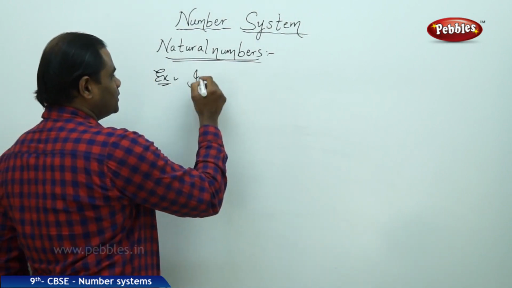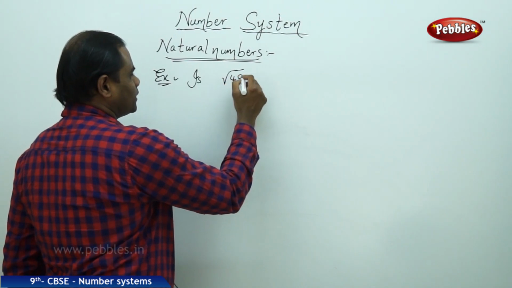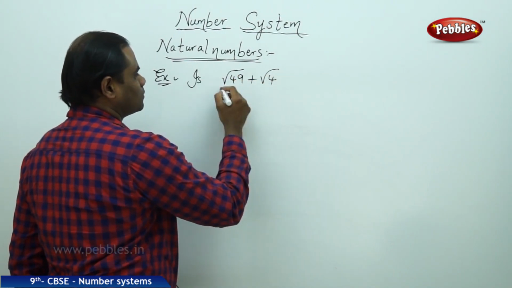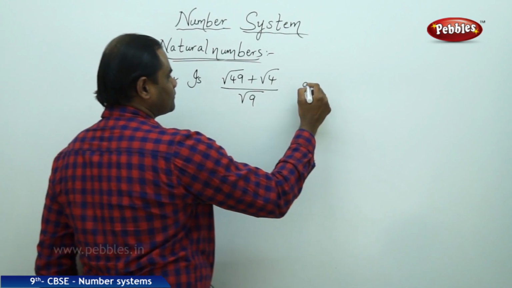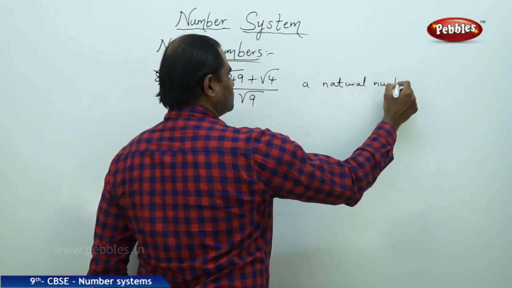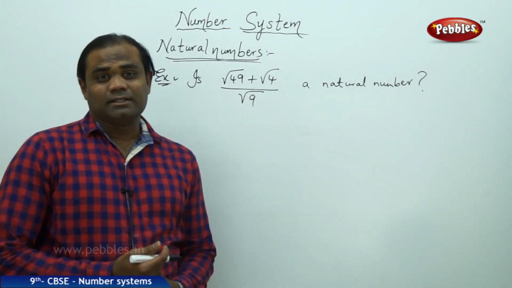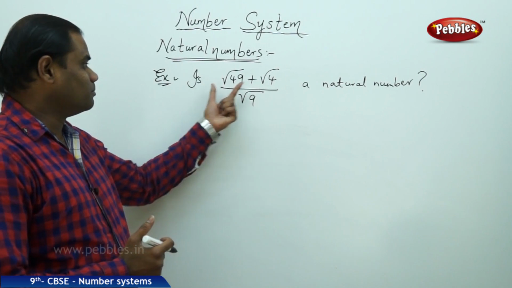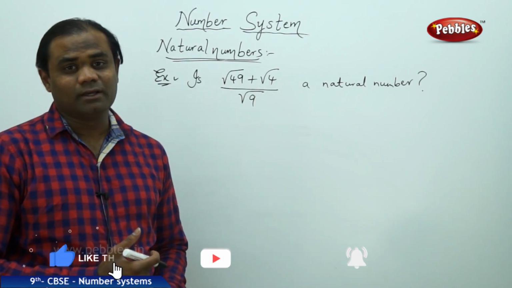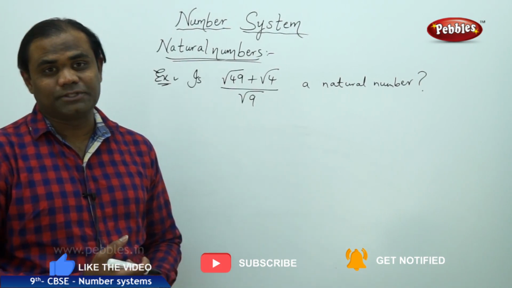Now the question here is: is root 49 plus root 4 by root 9 a natural number? Here we see that there is more to be simplified before we justify whether the given number is a natural number or not.